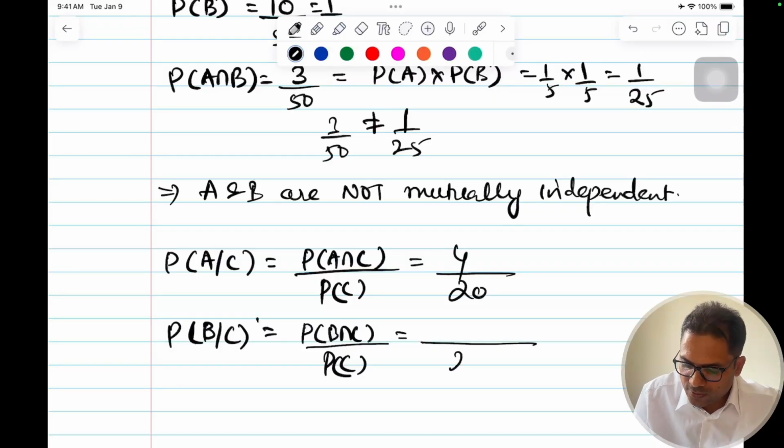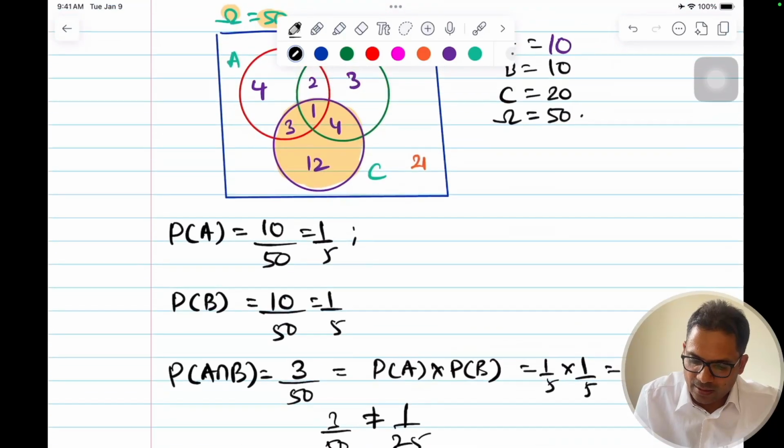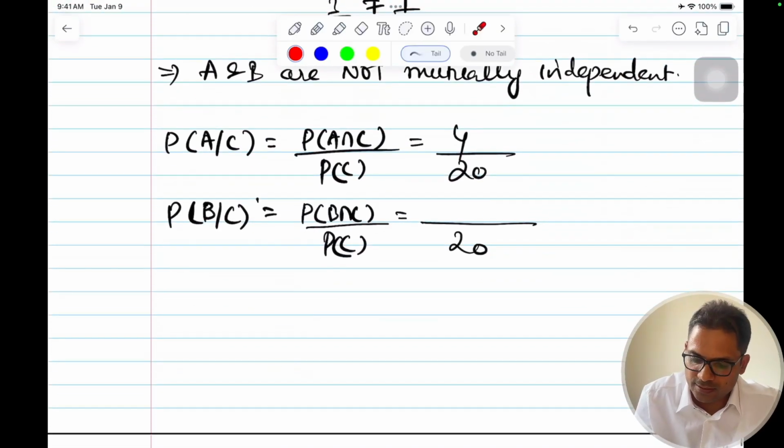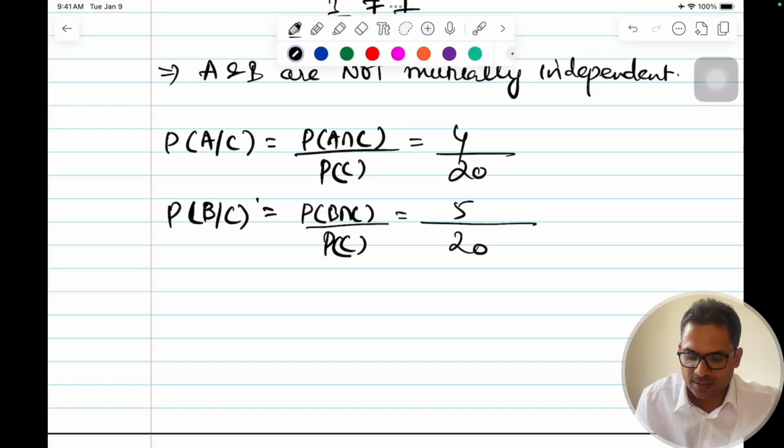Similarly, P of C is 20. And what is B intersection C? This is 4 plus 1, which is 5. This is equal to 5 by 20.